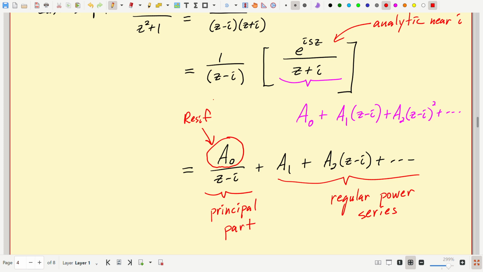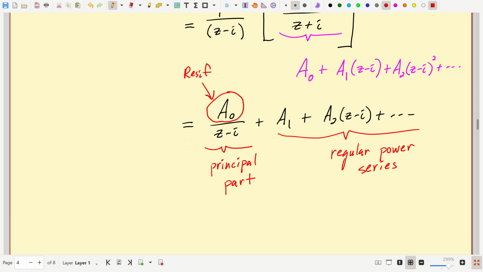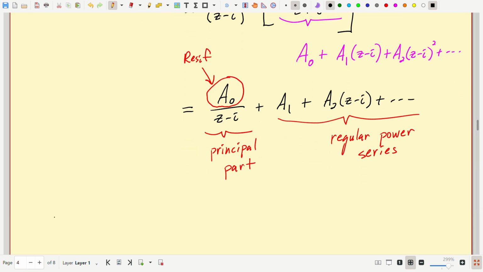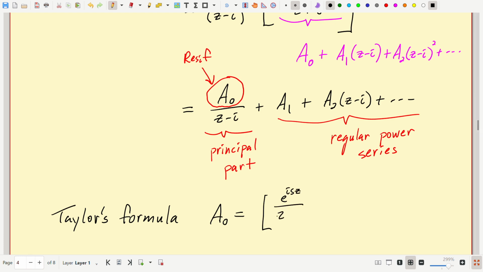And the A naught term by Taylor's formula spits out that A naught is equal to this function that it's the power series for, evaluated at z equals i.